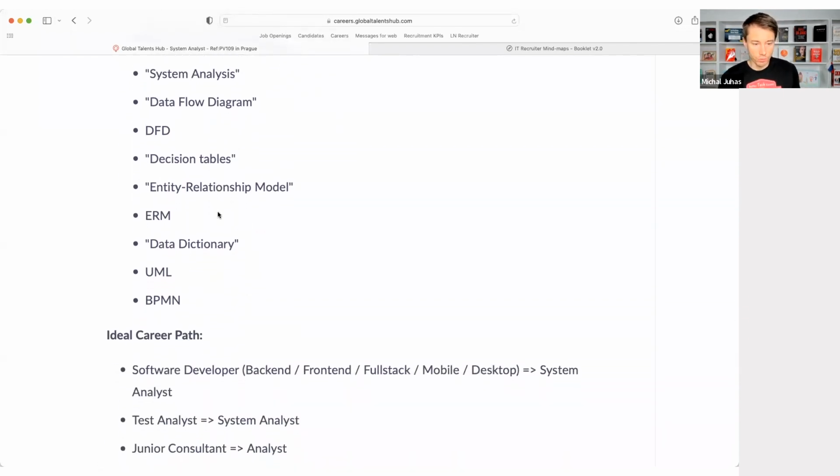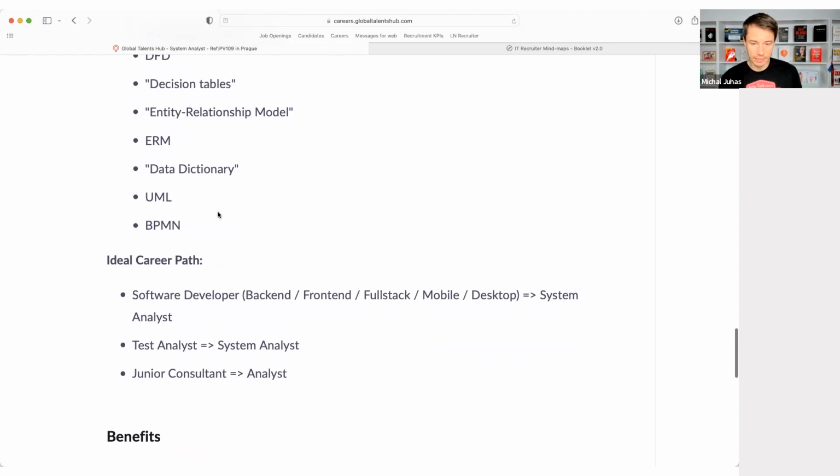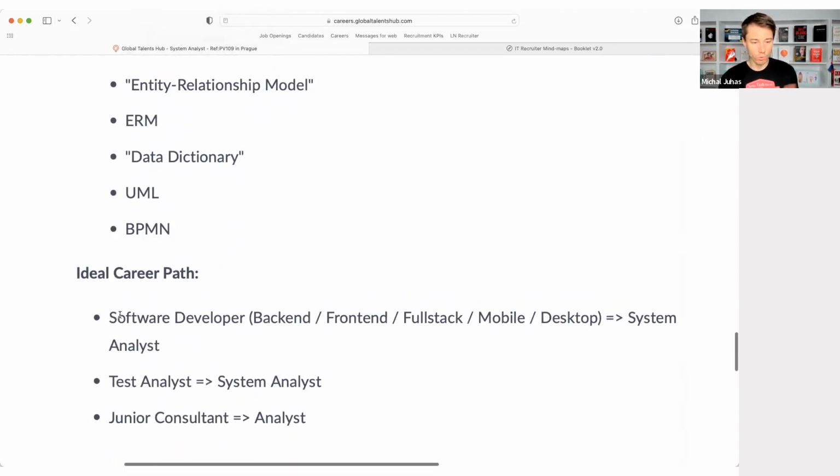And what would be the ideal career path? As I mentioned, someone who was a developer, worked as a backend or front end or full stack mobile desktop developer, and then shifted to system analytics. Someone who worked as a test analyst, for example, QA, at first manual tester, then test automation engineer, and then shifted to system analysis.